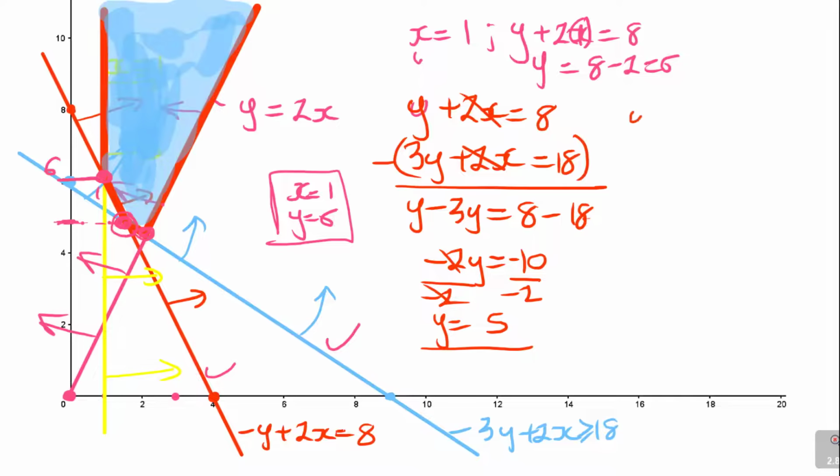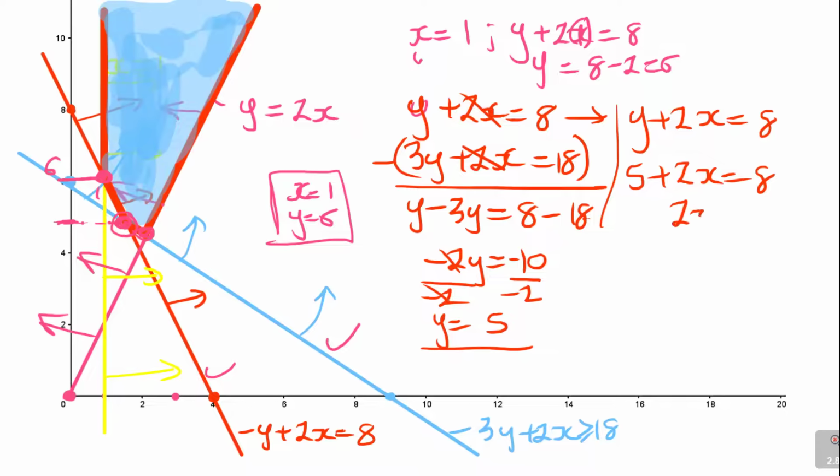Then you come back, I'm taking it from here. Y plus 2x is equal to 8, but we know our y. Y is 5 plus 2x is equal to 8.